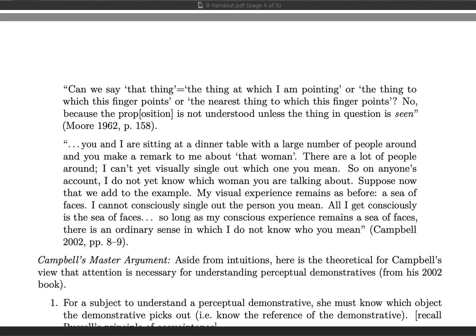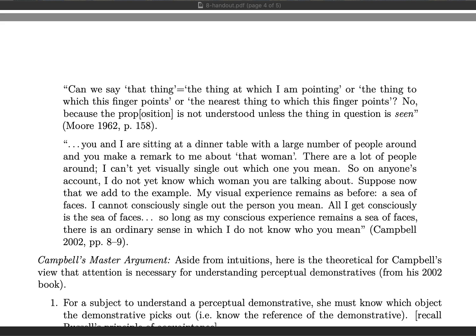So what is happening in this passage? Well, Moore is inviting us to imagine you're talking to someone and that person points at something and says, that thing is my favorite, or that thing is green, whatever. So this person uses the demonstrative that thing and points to something.